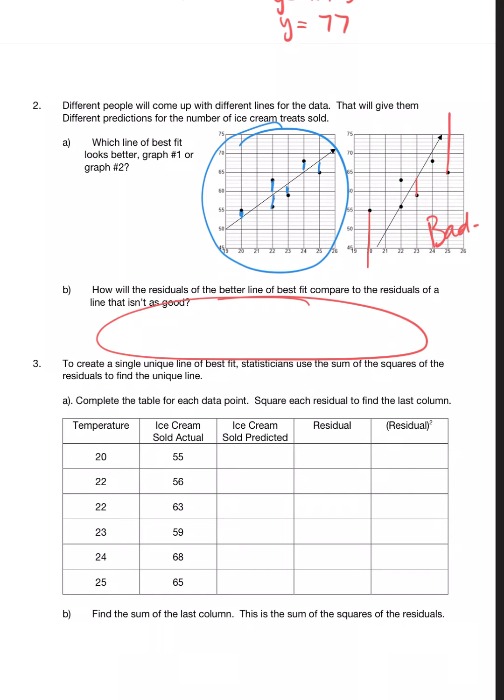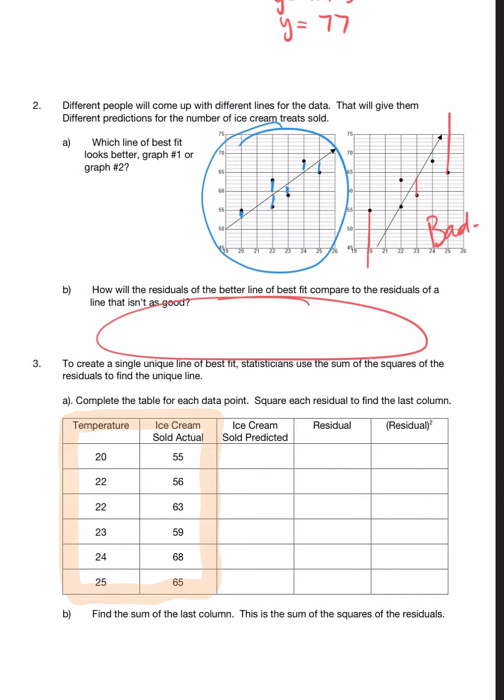Okay, so every single line of best fit has a number associated with it. And we're gonna figure out for the line that we drew what that particular number is, okay? It's called the sum of the squares of the residuals. All right, so this data that you're looking at right here is the data that was on the front.